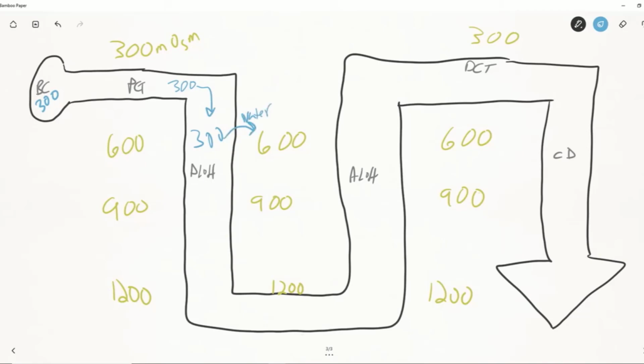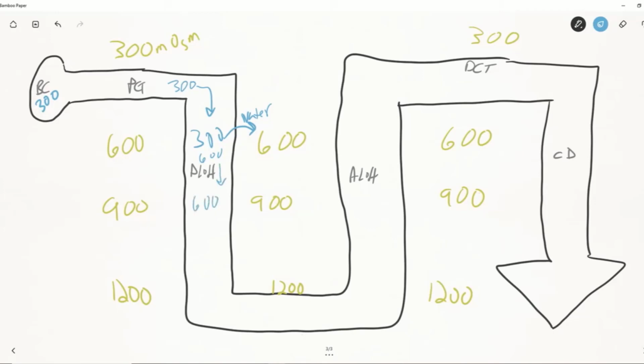Water moves out of the loop of Henle into the interstitium, ultimately into the vasa recta to be carried away. How much water moves out? Well, until they are equal. So I'm going to write a 600 here. We keep reabsorbing water until it's the same inside and outside. And that 600 continues down.